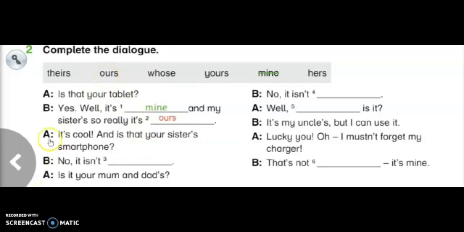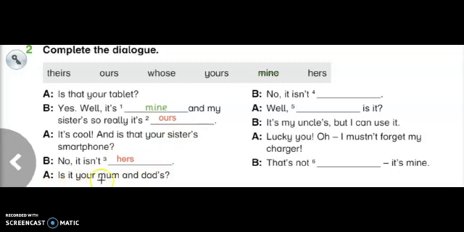A. It's cool. And is that your sister's smartphone? So here we ask about your sister's, who is a girl. So the answer, no, it isn't hers. We have to write hers because we are talking about a sister.